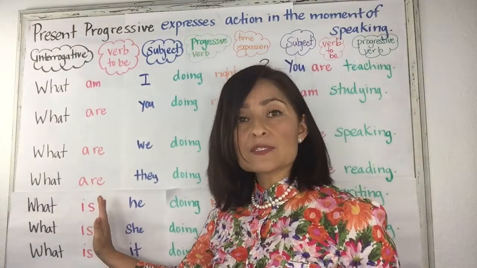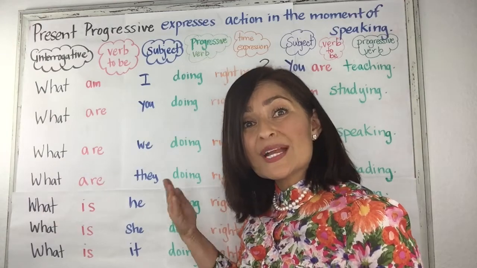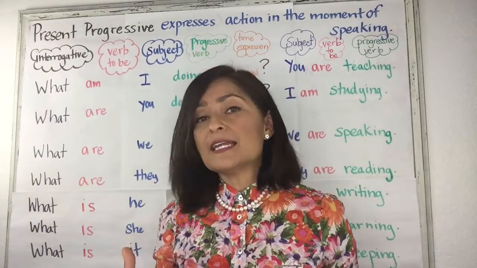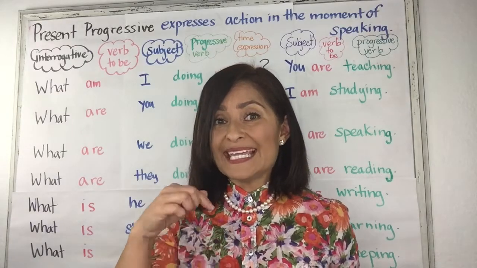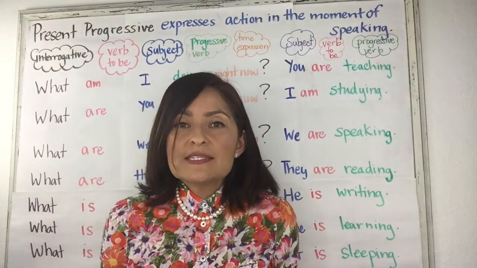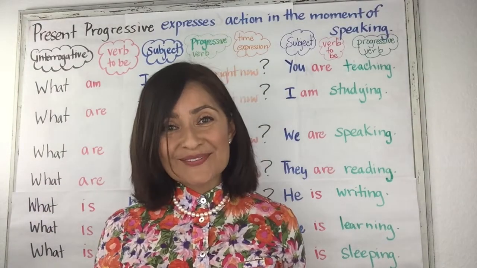The verb to be expresses the present, and the ing verb expresses progressive. That's the action that is happening in this moment. And at the very end, how do we say this moment? We use the time expression right now.